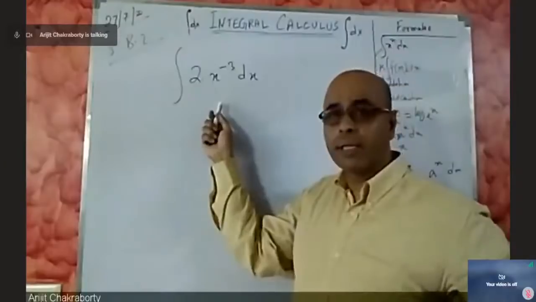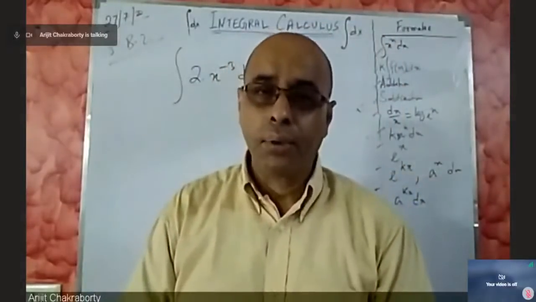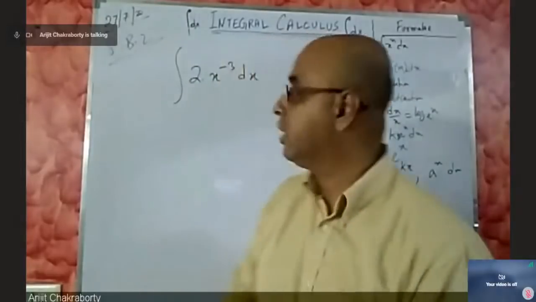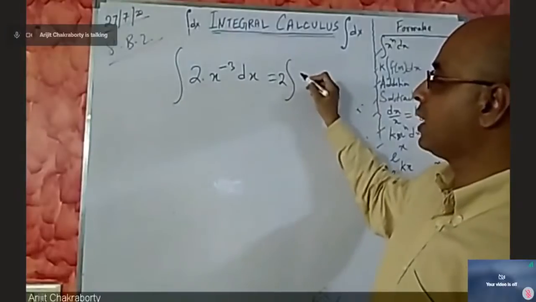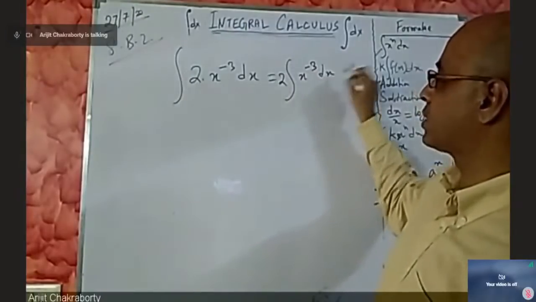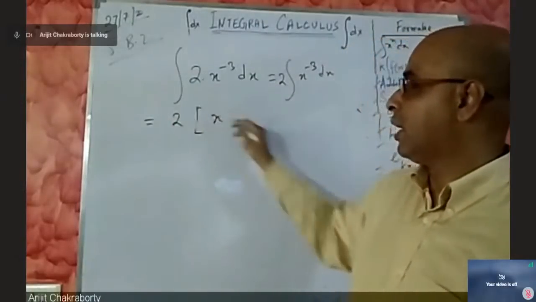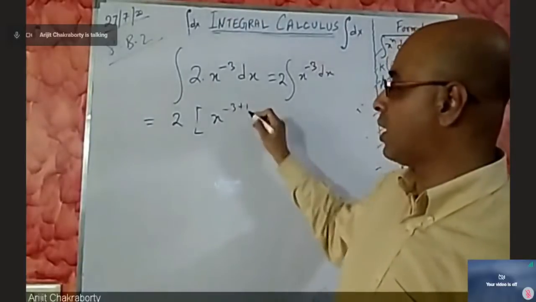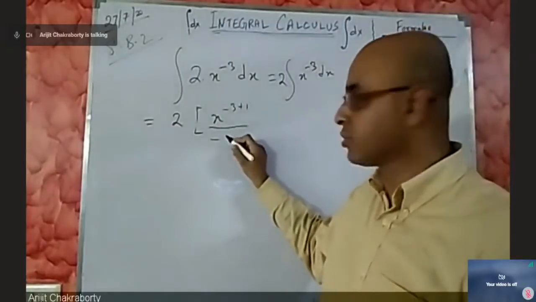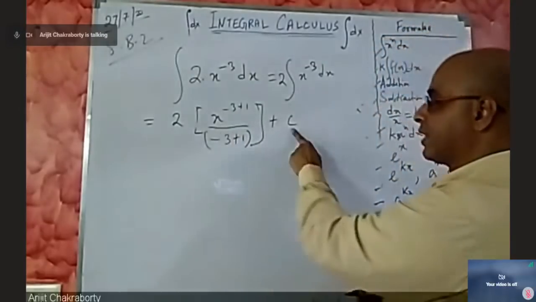Now, here you can see it is again an application of the constant multiplier rule as well as the power function rule. So what we do is, this is equal to 2 outside, the integral of x to the power minus 3 dx. But this gives us the x to the power n rule. So minus 3 plus 1, in the denominator also we have minus 3 plus 1, plus the constant of integration.